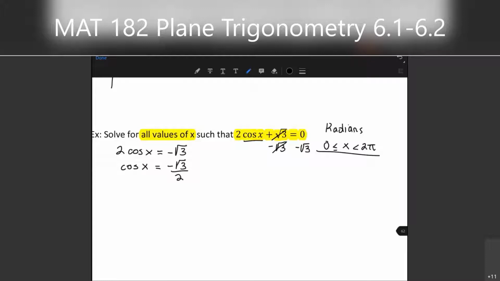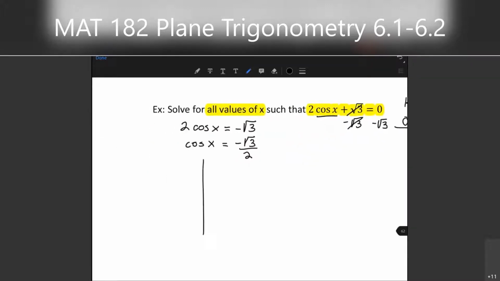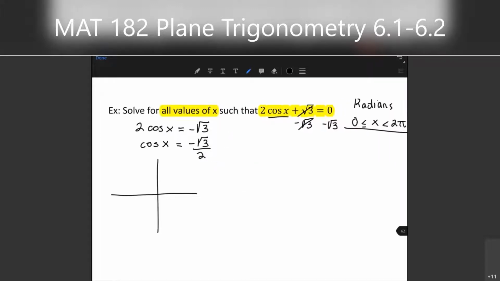Let's take a moment to think with this, and we'll do a little diagram again. Where are we going to find the cosine of x equal to negative square root of 3 over 2? What would be some angles that would represent that? 150.